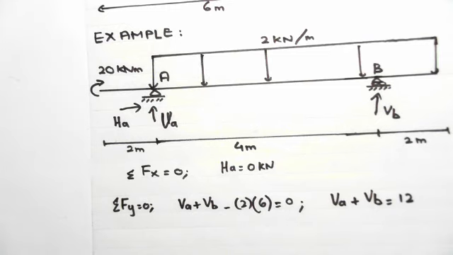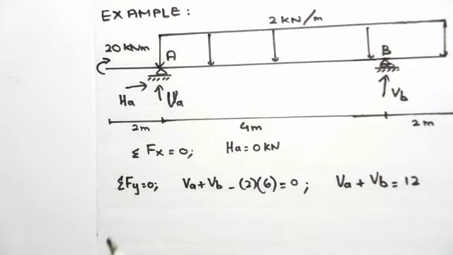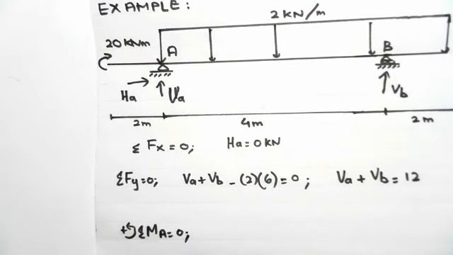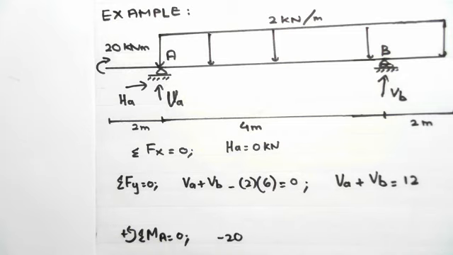Next we do the sum of the moments about point A equals 0, so sigma MA equals 0. First of all, on the left edge we have a negative clockwise moment. So minus 20. And remember that we're doing the sum of the moments about A. So HA and VA obviously have no moment about point A, since the lever arm equals 0.